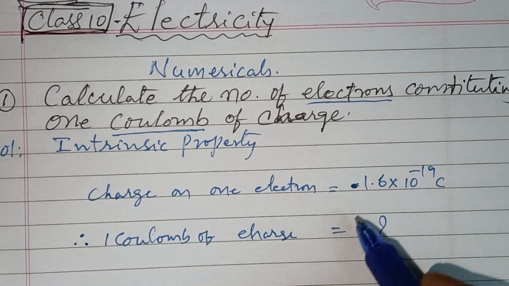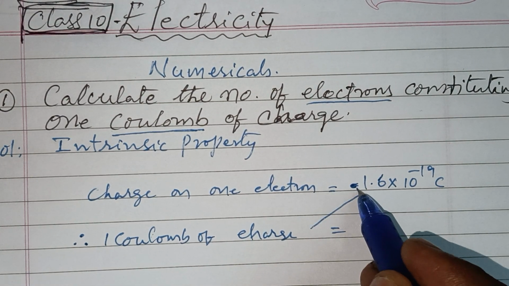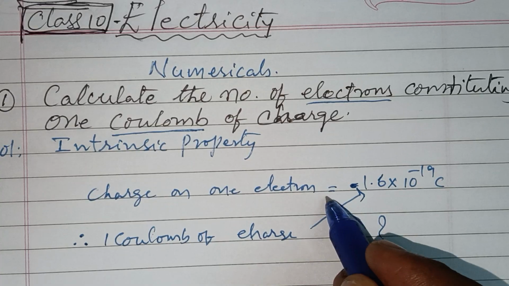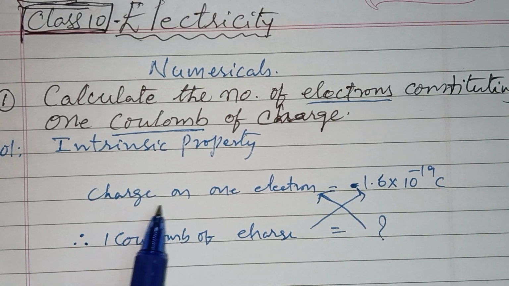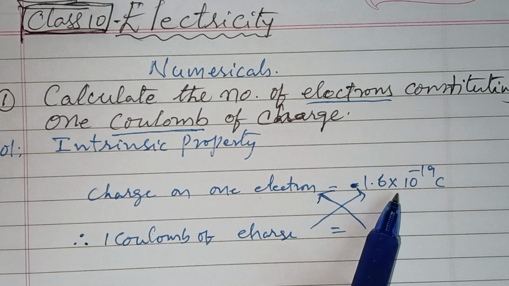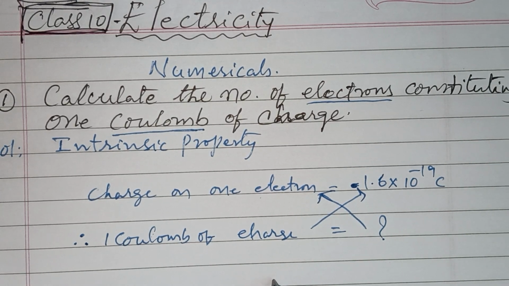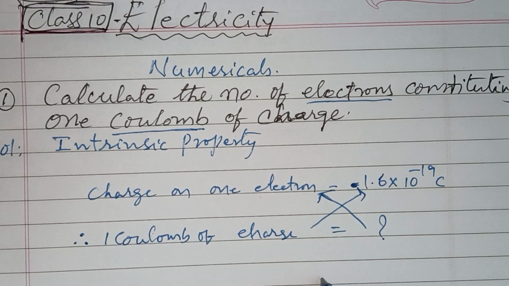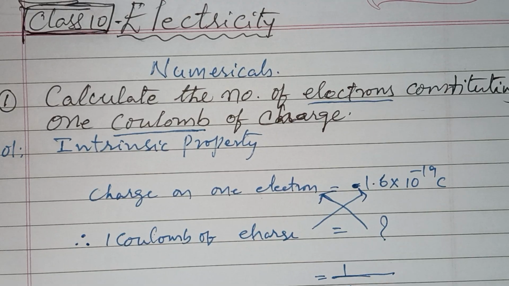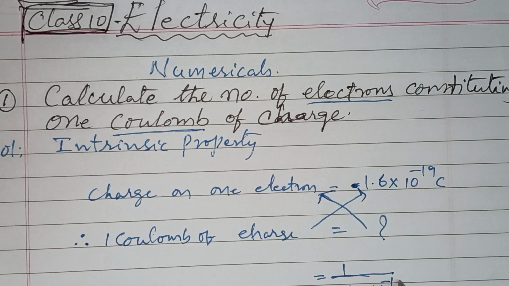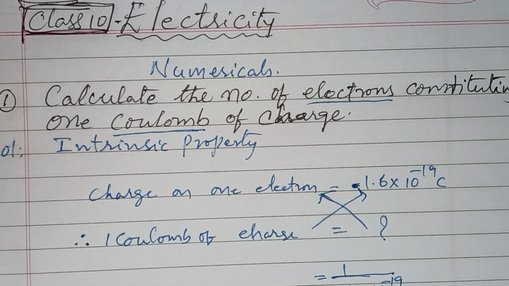Now let us use the unitary method, cross multiplication, we can use it here. One electron has a charge of 1.6 into 10 power minus 19 coulombs. Now 1 coulomb of charge is equal to 1 by 1.6 into 10 power minus 19 coulombs.